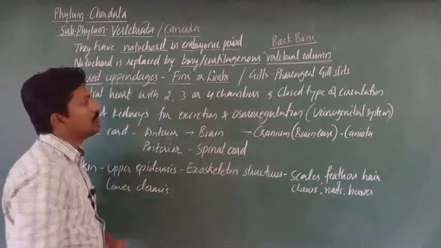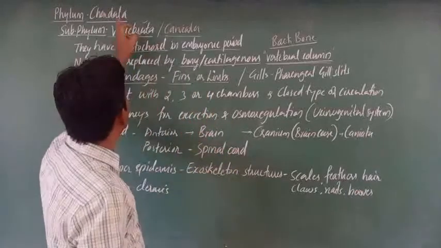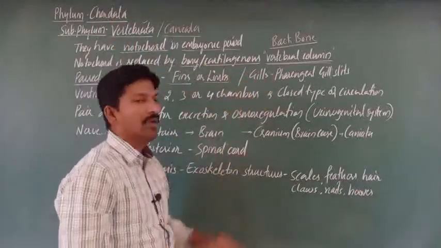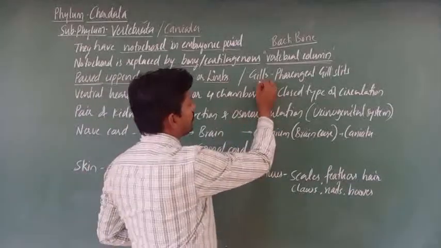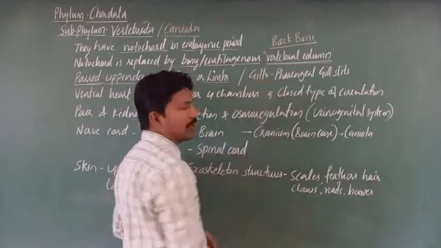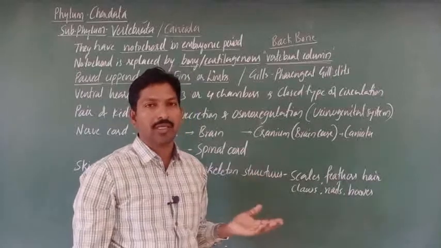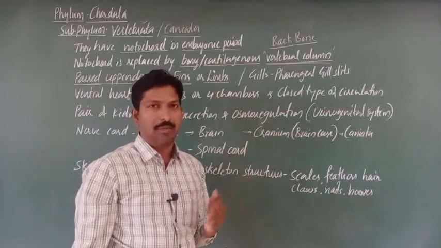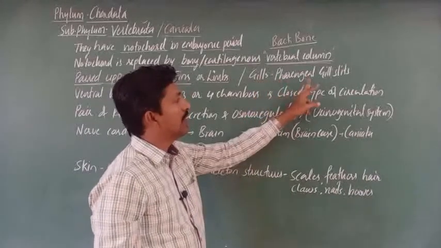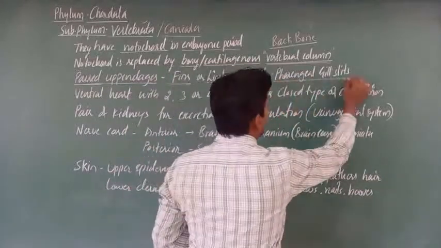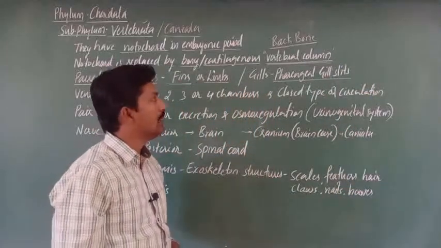There is a special structure we observe in chordata, that is the presence of gill slits. There are a number of pairs, maybe 5 pairs or more than that in cyclostomata, or maybe less. These are called pharyngeal gill slits, which help in the respiration process, mainly in aquatic animals, right.